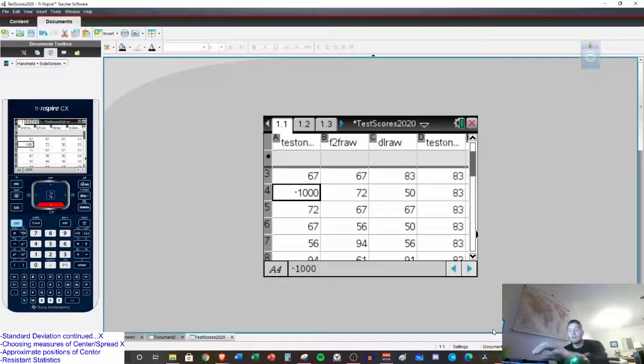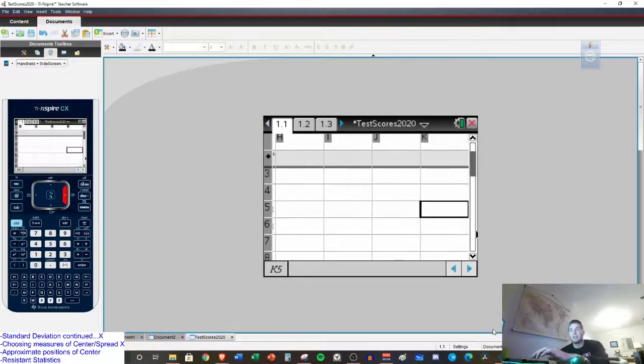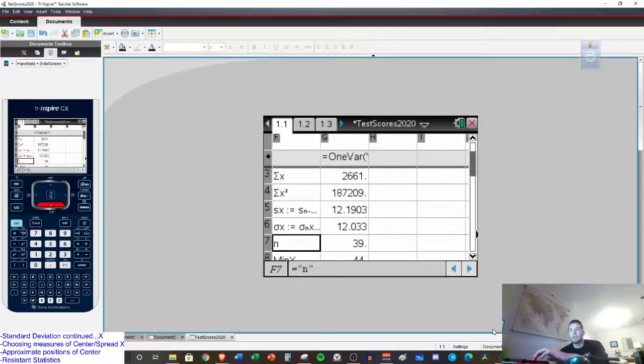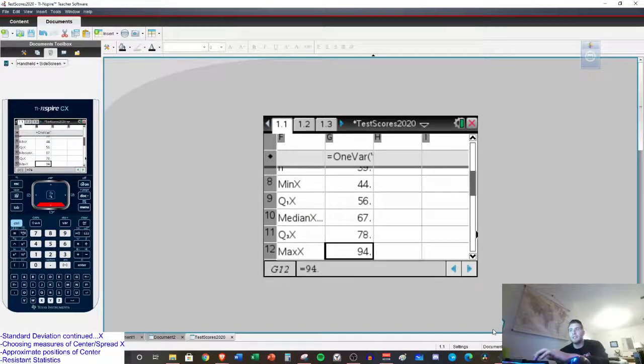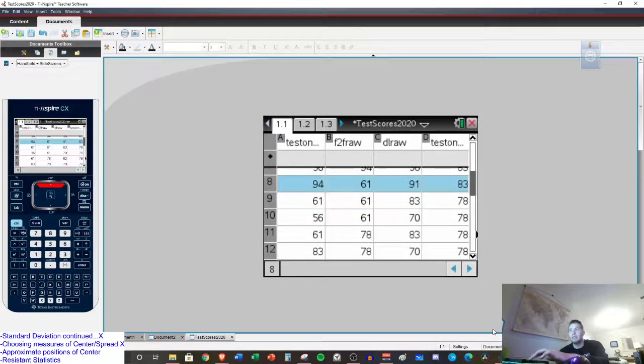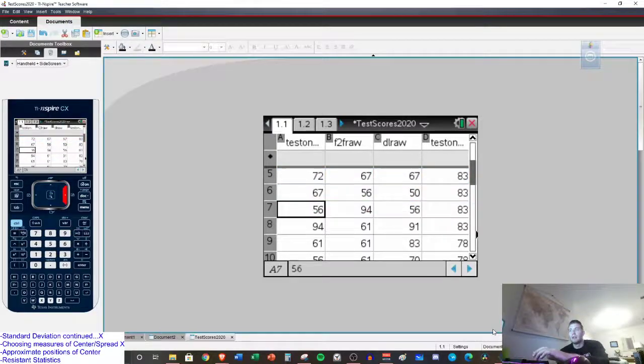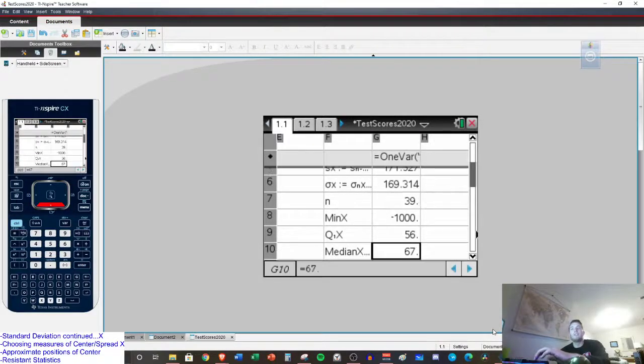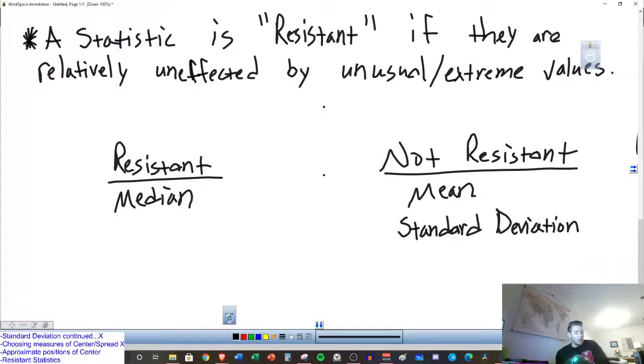If I go from negative 1,000 back to 56, let's look at quartile 1 and quartile 3: 56 and 78. Go back to negative 1,000, and we go back over here and we have 56 and 78. So these are not changing. So over here, resistant is going to be Q1 and Q3, which are not going to change.